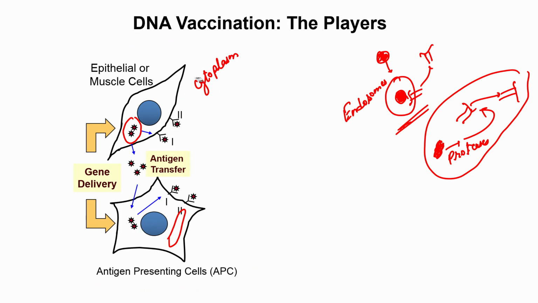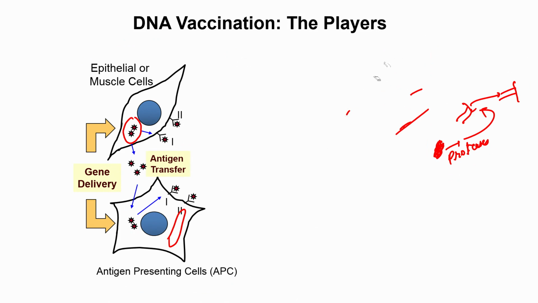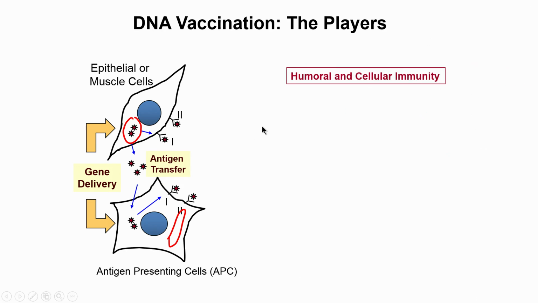Once this is done, if it is not the immune cell that you have transfected, you can have these antigens go and transfer to the immune cells. So, you can get both the humoral as well as the cellular immunity.